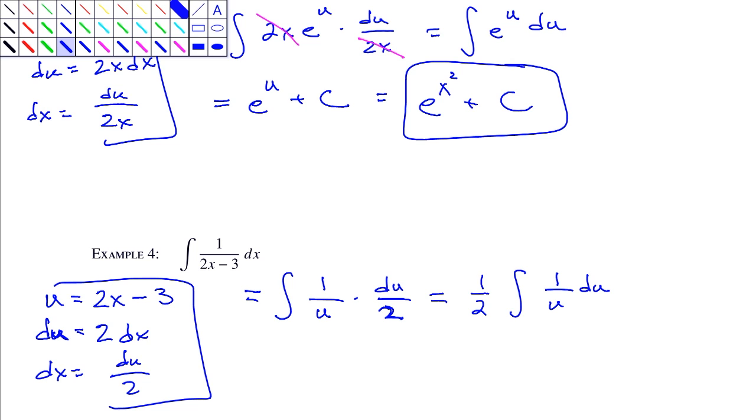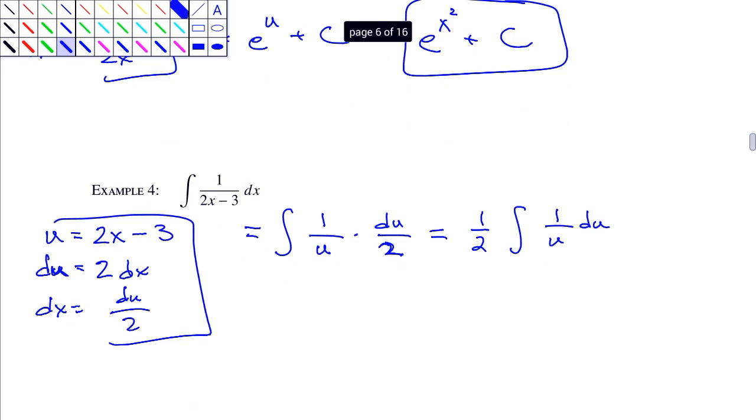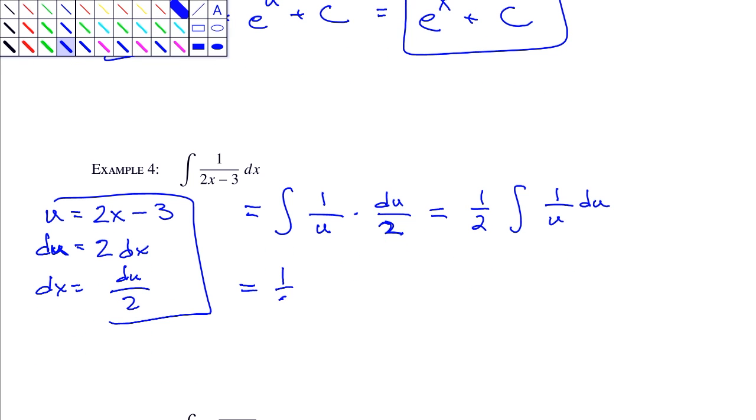So it's 1/2 times the integral of 1 over u du. And now, what is the integral of 1 over u? Natural log of the absolute value of u plus c. And so back substitute. So that's 1/2 natural log of, and then replace the u. What was u? 2x minus 3, plus c.